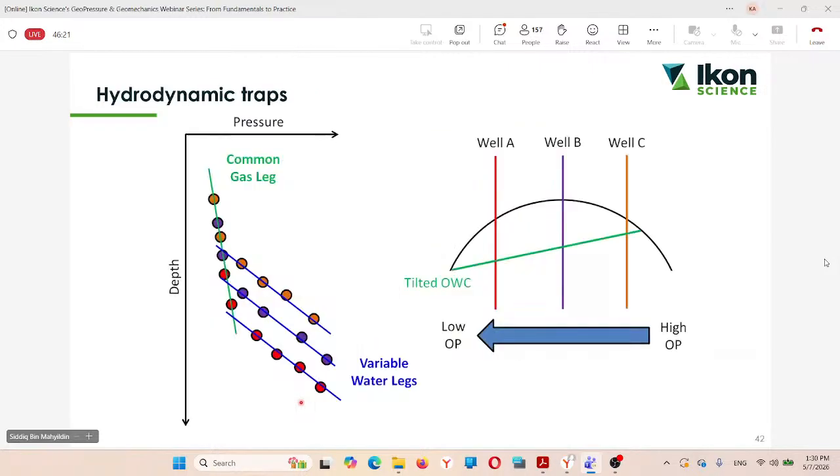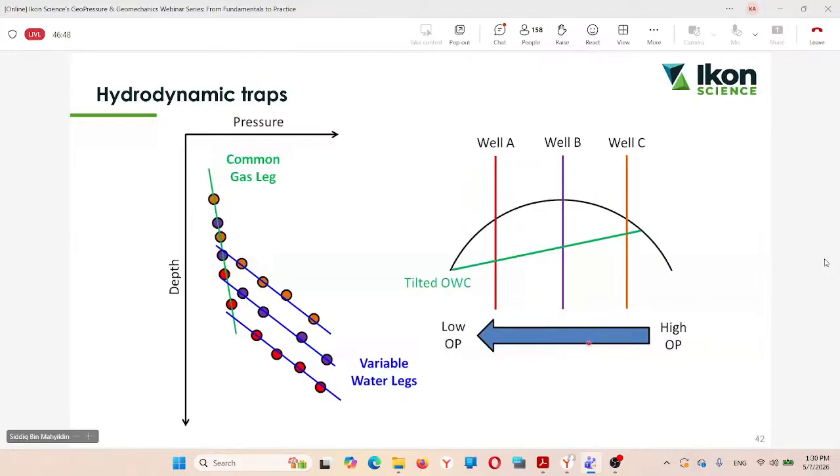And lastly, before I go for some demo in RockDoc, this is an example of hydrodynamic traps, which happen quite often. Instead of isolated compartments, we have one unit. The reservoir is connected, but the pressure can still vary laterally. Hydrodynamic is a process where you have high overpressure here and low overpressure there, reducing across a reservoir.